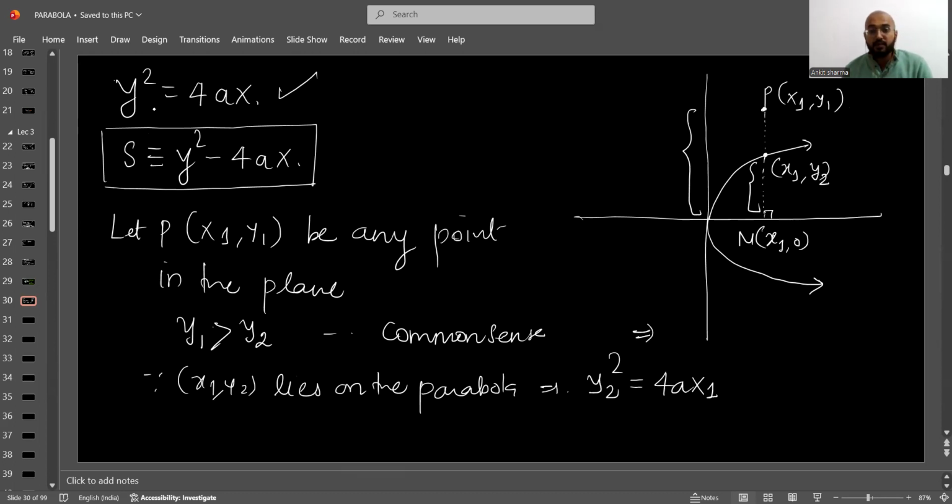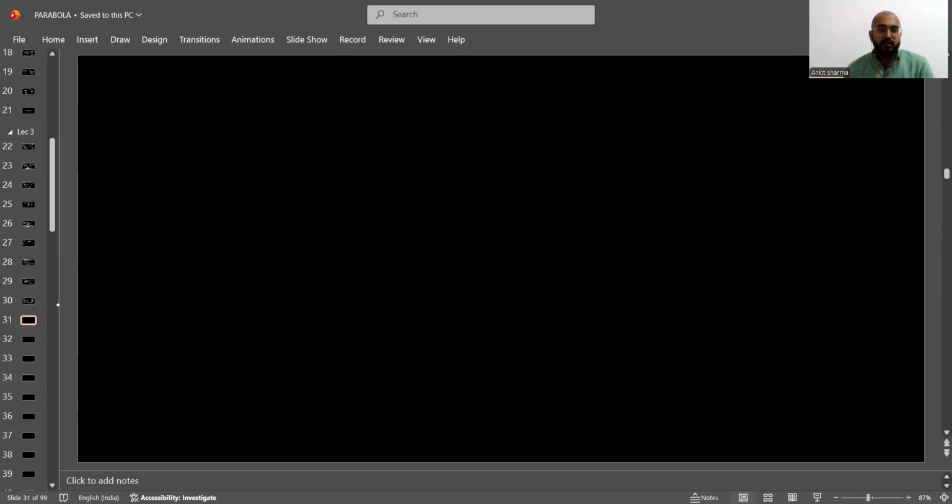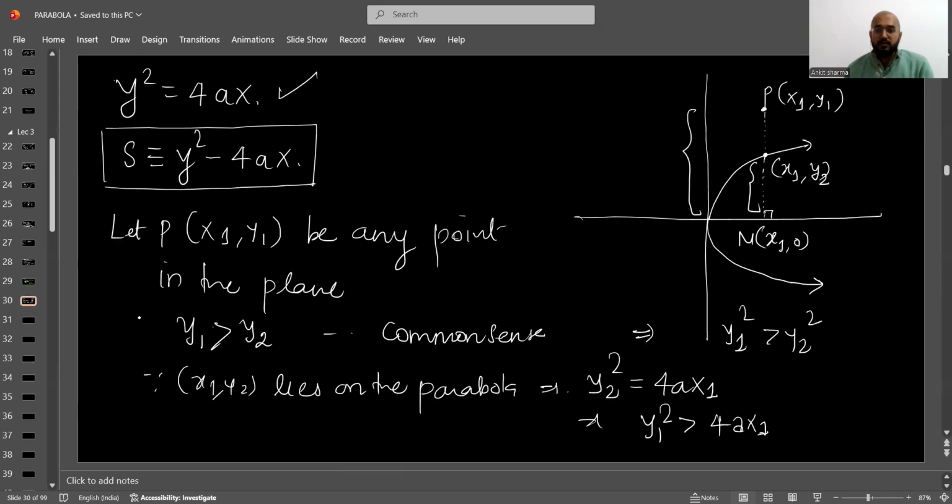Because we do not know whether this is downward or upward, it's better we square this. So y1 square will be more than y2 square, which is 4ax1. So y1 square is more than 4ax1. That means y1 square minus 4ax1 is positive.